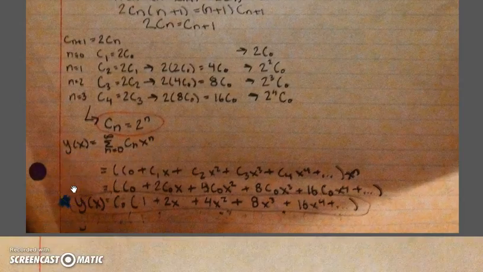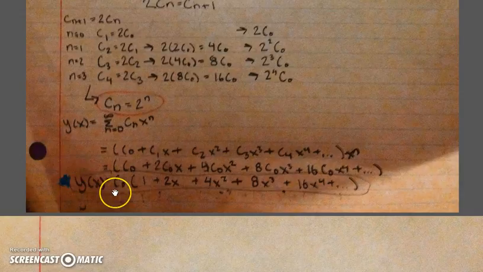So what we do is we are going to try to solve for our y of x in terms of that. So we have y of x equals the summation n equals 0 to infinity of Cn x to the n. So we're going to say that it's equal to C0 plus C1x plus C2x squared plus C3x cubed plus C4x to the fourth, and so on and so forth.